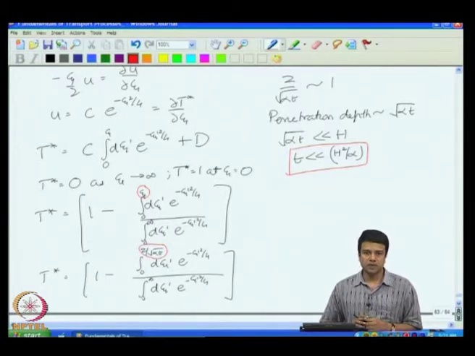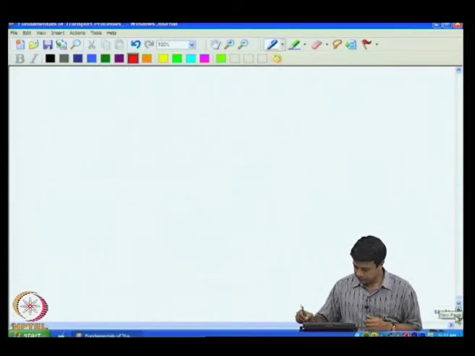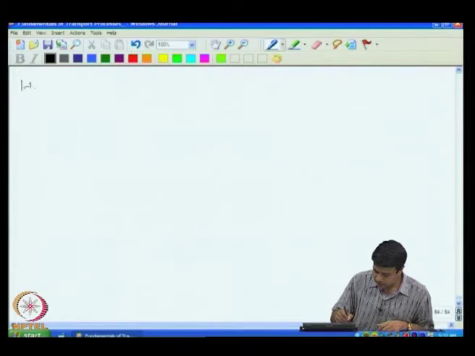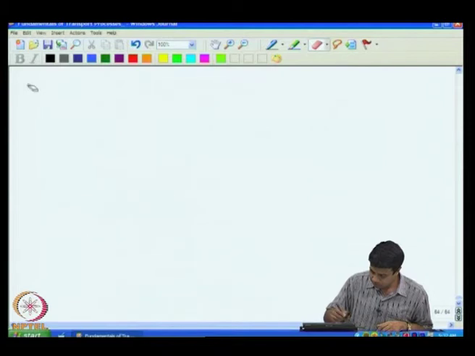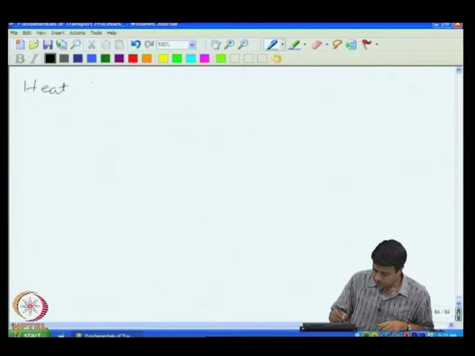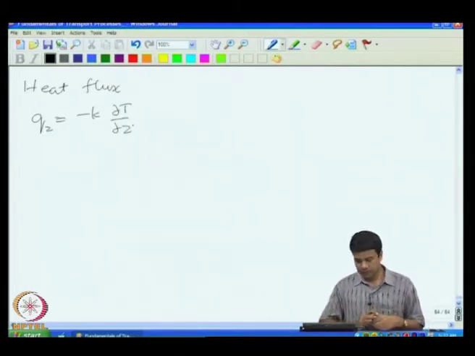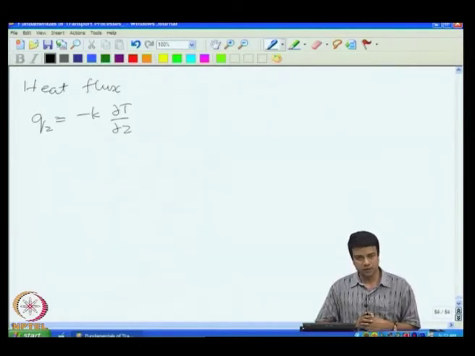A second relevant question that one can ask is, for example, what is the heat flux at the bottom surface? The heat flux Q is equal to minus K times dT by dz, where K is the thermal conductivity.